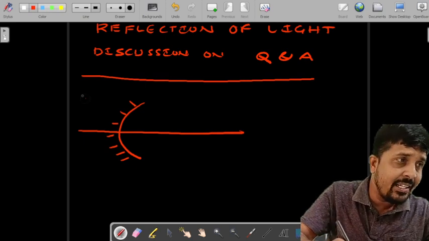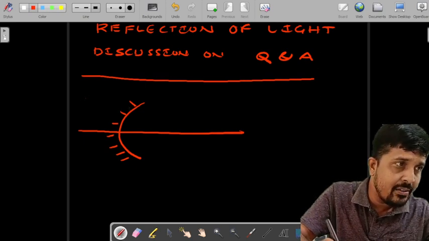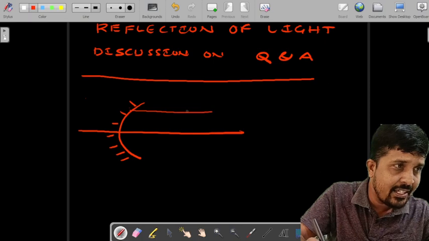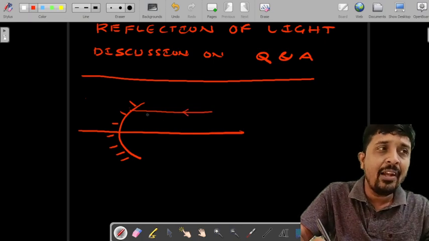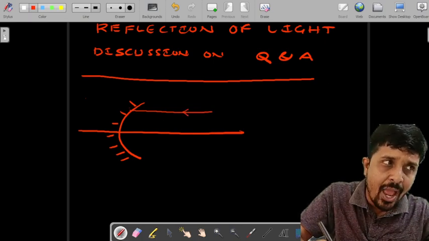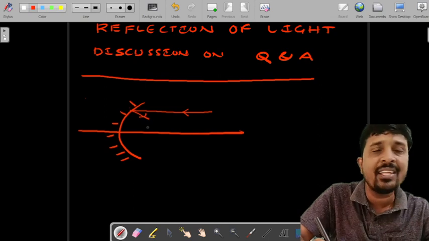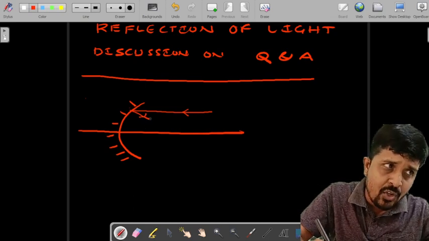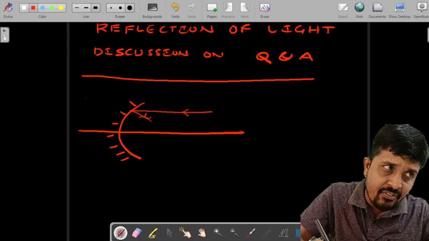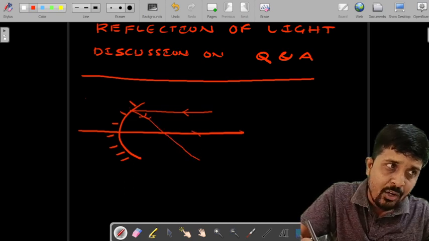Whenever the incident ray falls here, let us take this as the incident ray, tell me, on reflection it has to move towards the center. Am I right or wrong? That means towards the principal axis it has to move like this. Then observe carefully, whenever the ray is reflected, the image is formed below the principal axis.